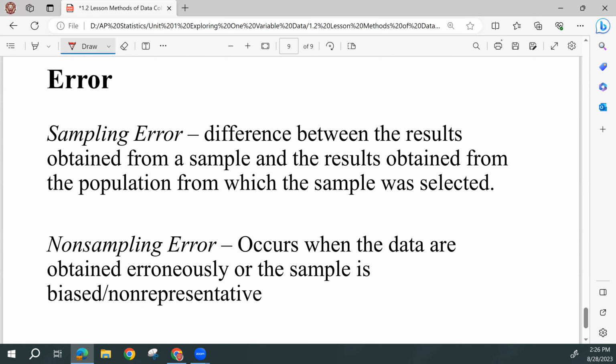But errors happen, and what we get in our sample is not always exactly the same as what exists amongst our population. And so that's what we call sampling error. There's always variation between what we find in our smaller sample size and what actually exists in the entire population.